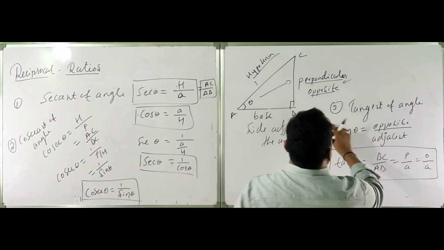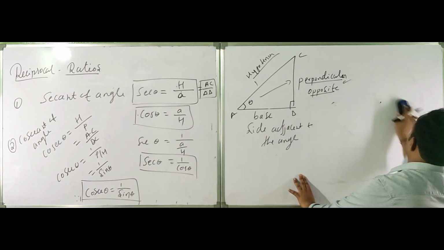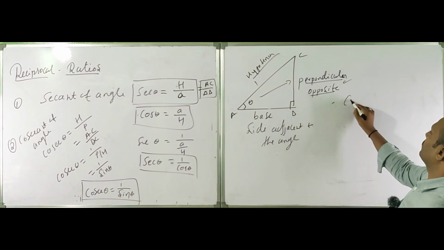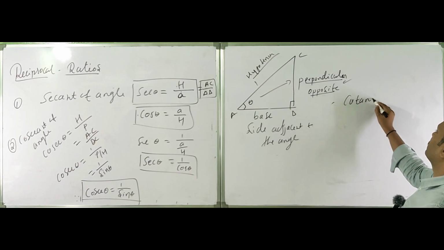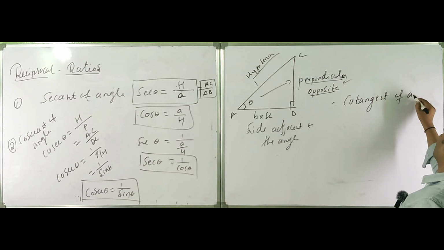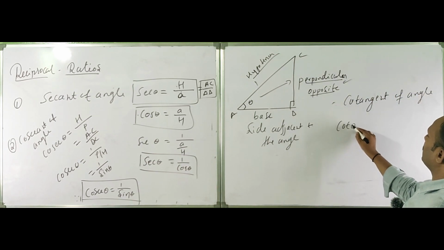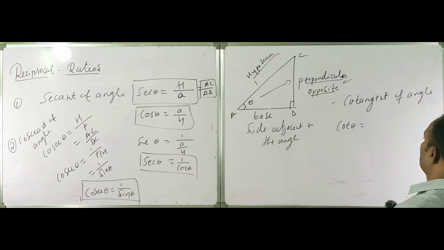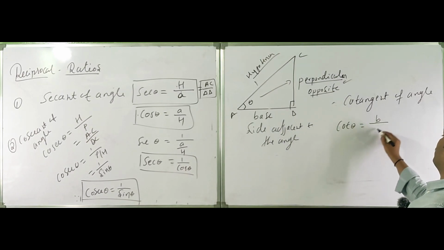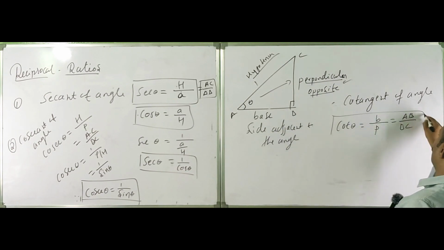Another one is cotangent theta. Cotangent of angle, written as cot theta. Cot theta is equal to base by perpendicular. What is the base here? AB by BC, right?